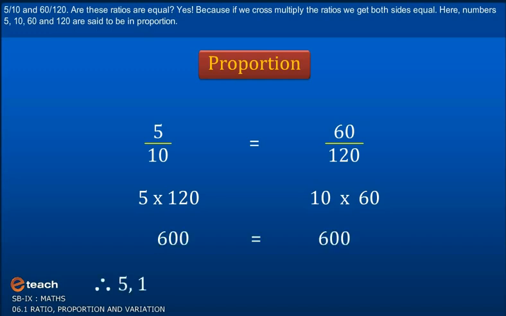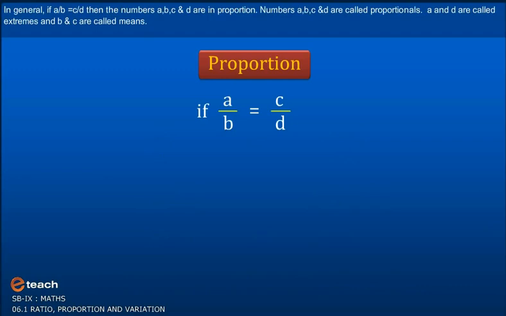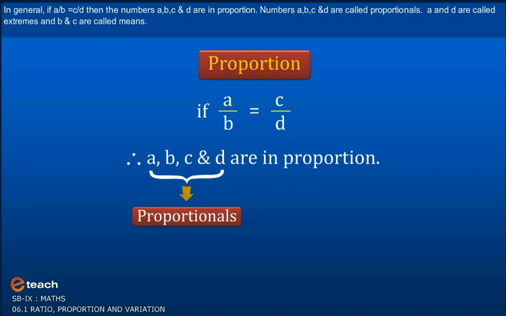Here, numbers 5, 10, 60 and 120 are said to be in proportion. In general, if A by B is equal to C by D, then the numbers A, B, C and D are in proportion. Numbers A, B, C and D are called proportionals.